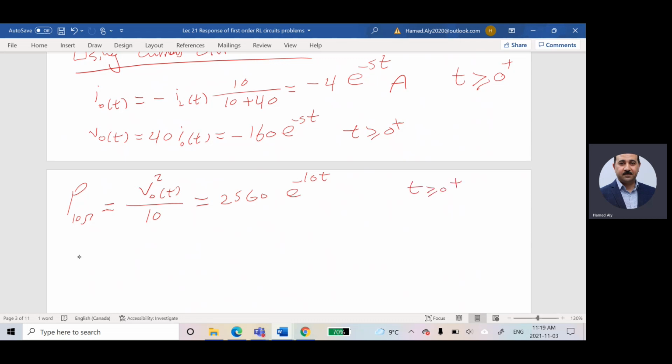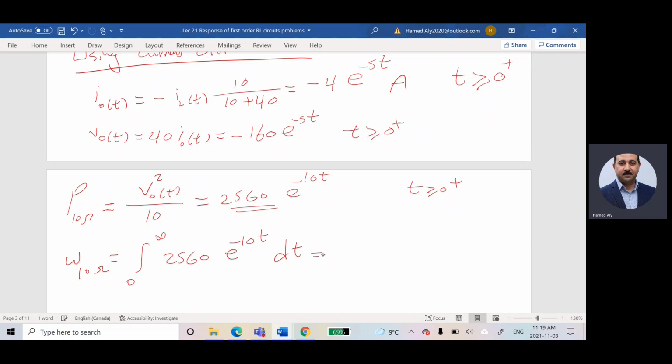And based on that, I can find the energy in 10 ohms, which is equal to the integral from 0 to infinity of 2560 e to the power negative 10t dt.